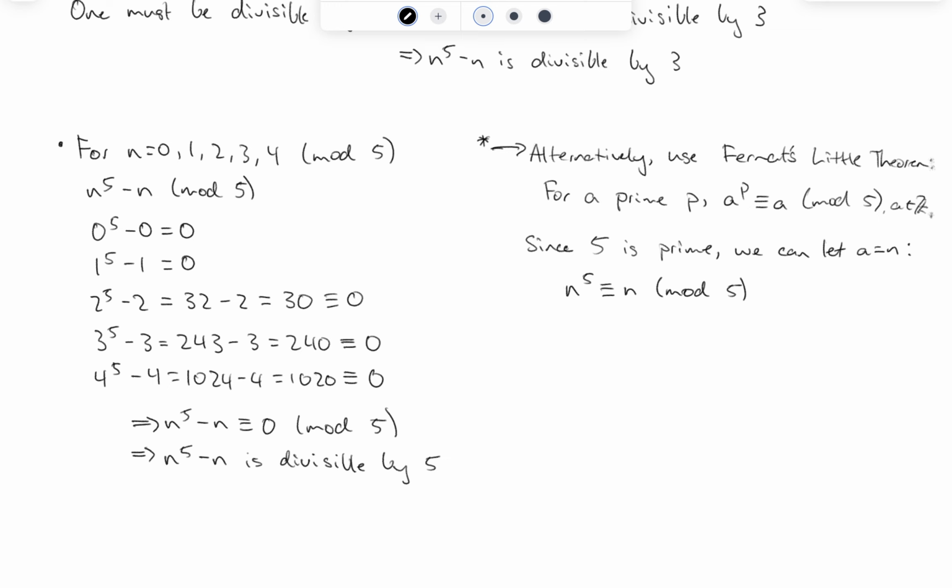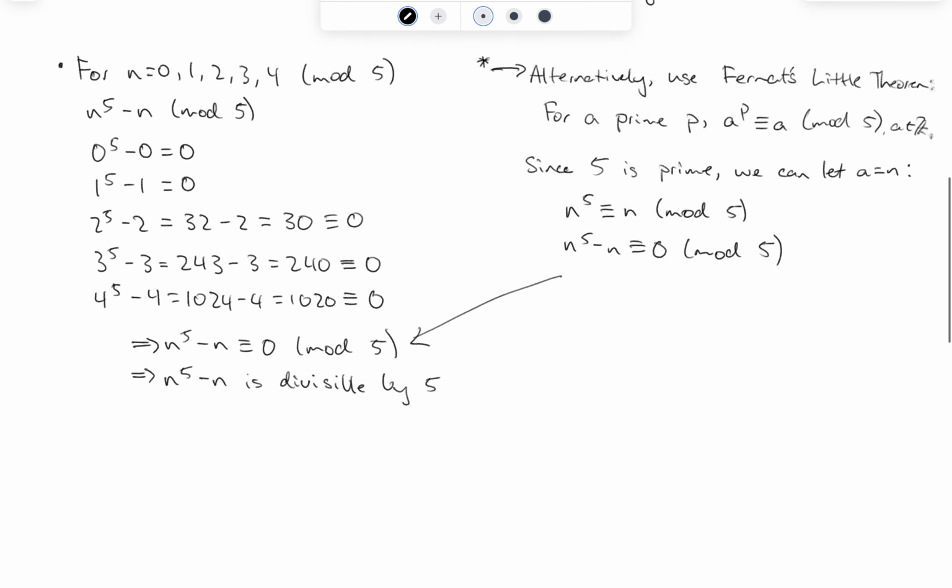Subtracting n on both sides, we get n to the 5 minus n is congruent to 0 in mod 5. And immediately we get the result that we have here, implying the expression is divisible by 5. So yeah, that's another route we can take. Probably a better route in this case. But the other thing is that we're not always going to get prime factors. In this case we do. So we can use Fermat's Little theorem.